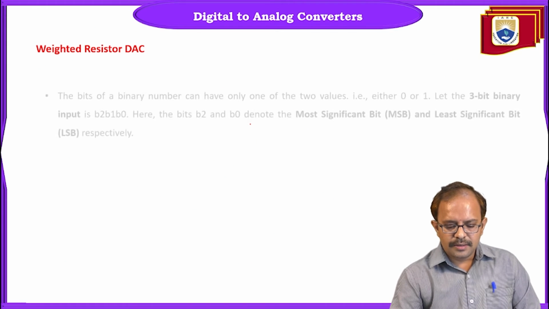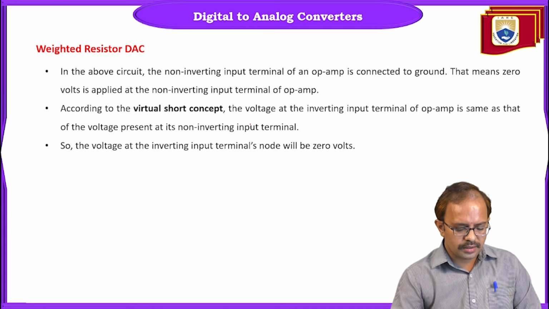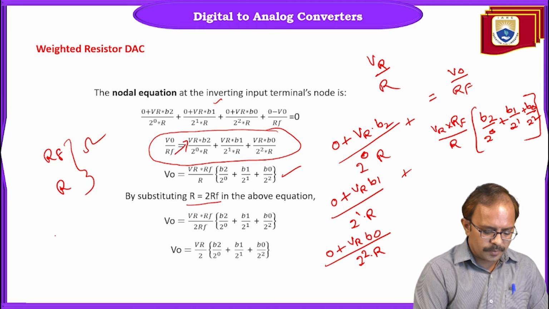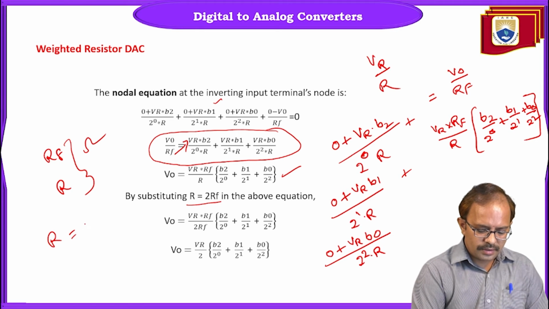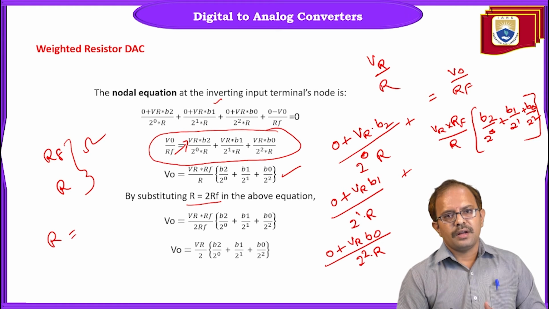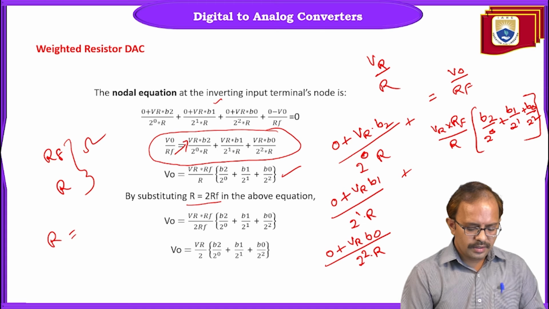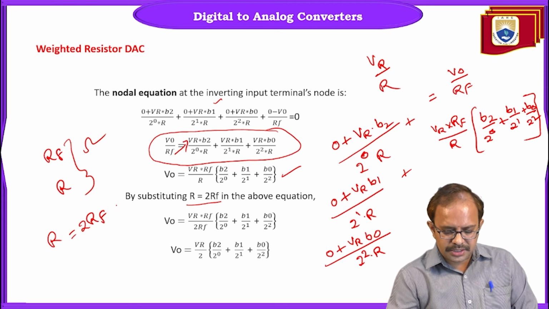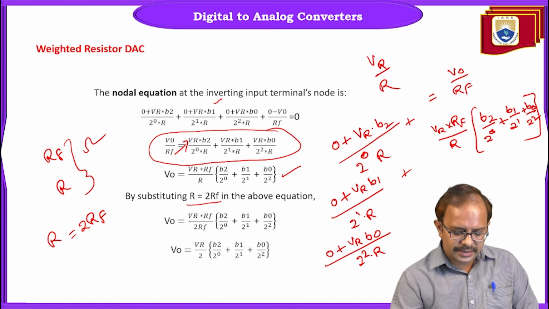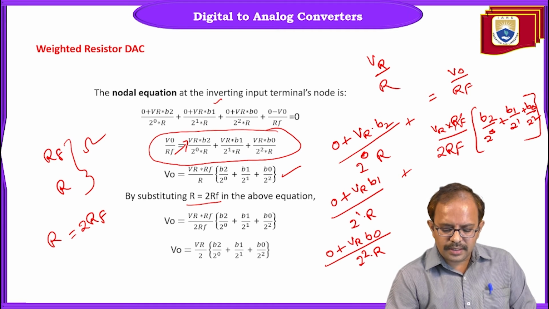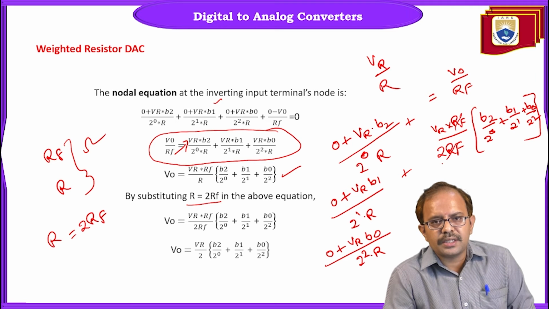For simplification, let us consider R equal to 2RF. Now what will happen to the expression? You are going to rewrite R by means of 2RF. Now we can cancel out RF in both the numerator and the denominator.